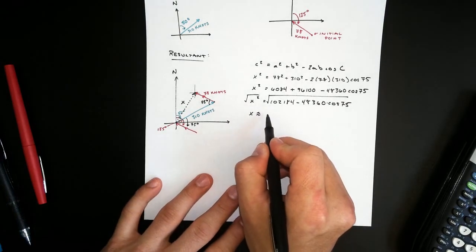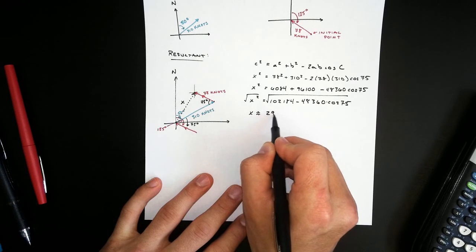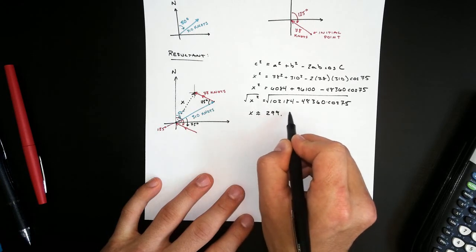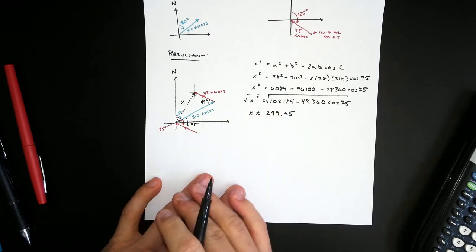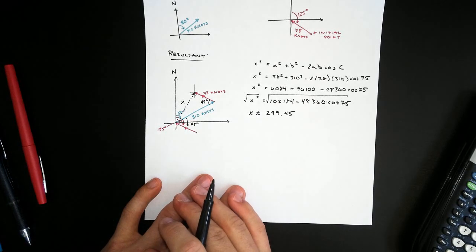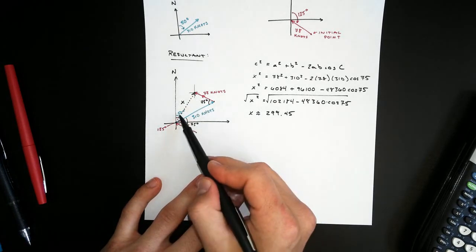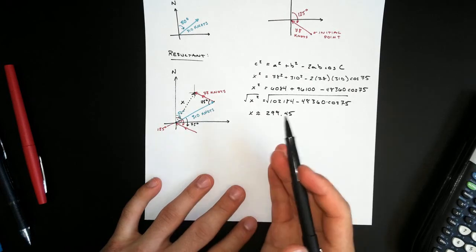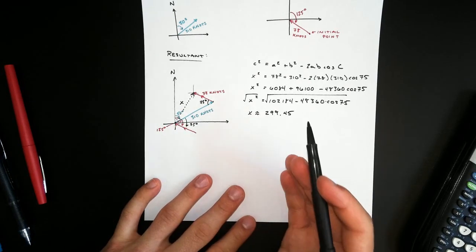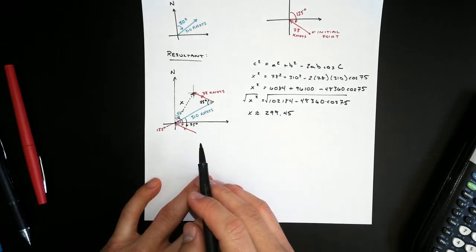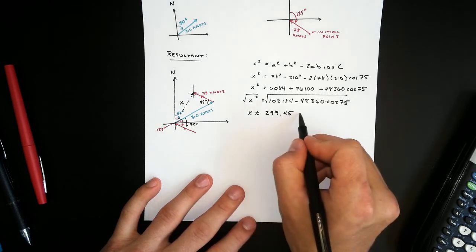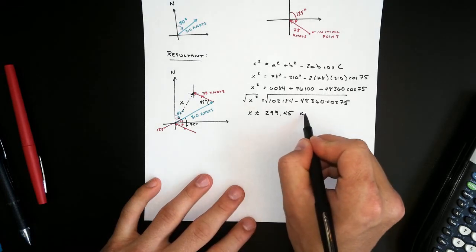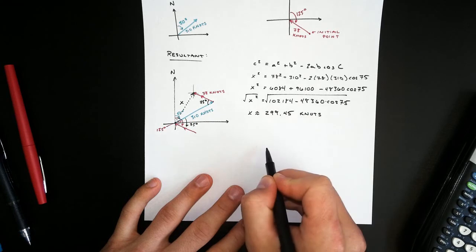And then what I get as a result is about 299.45. So that's the length of this side of the triangle. The length is the magnitude, and in this application, the magnitude is the speed. So this is 299 knots.